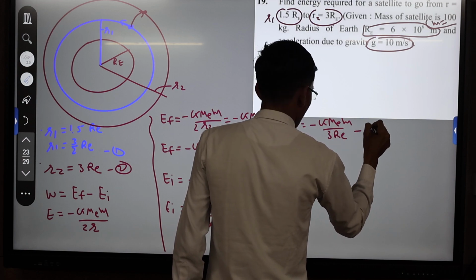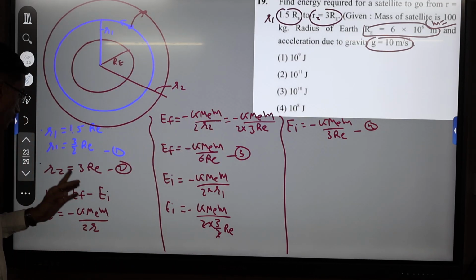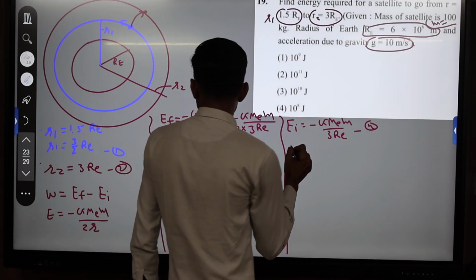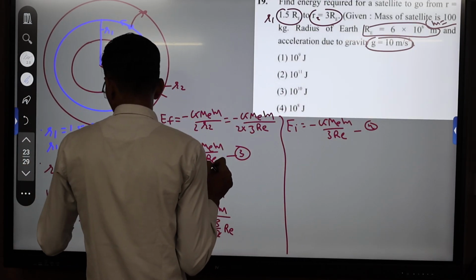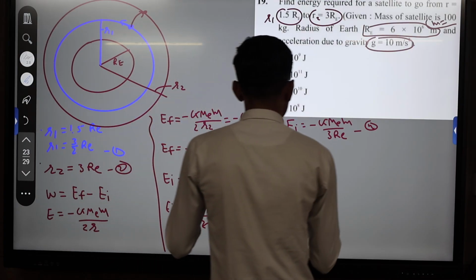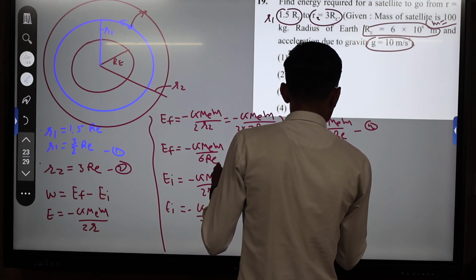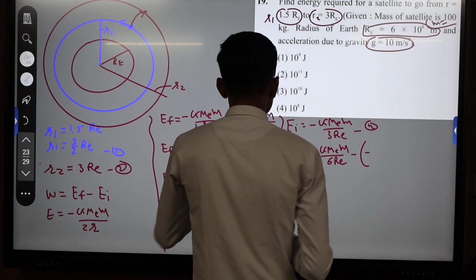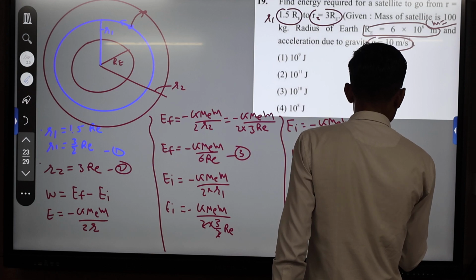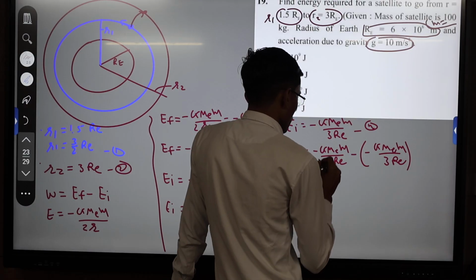Let us call this equation 4. Now put the values of equation 3 and equation 4 in this equation. So E final is minus GMm upon 6RE, minus of minus E initial is equal to plus GMm upon 3RE. Okay, further simplify: minus minus becomes plus.